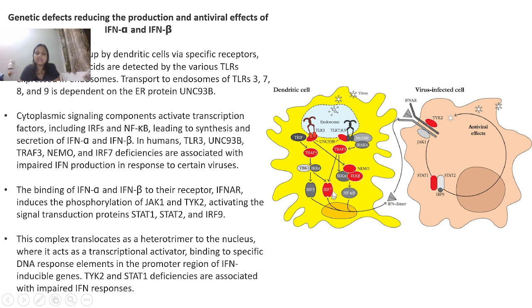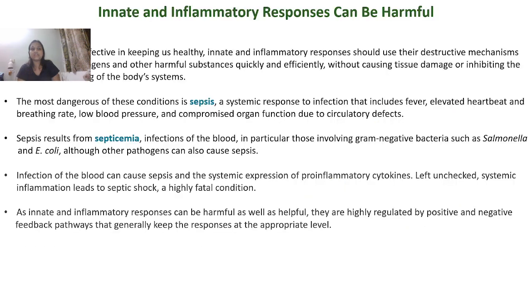Similarly, if there is a mutation in the IRF protein, it will not lead to the production of interferons, and there will be no activation of signaling in the virus-infected cell in this interferon pathway, and no killing of this virus-infected cell, so that person will be more susceptible to different kinds of infection. So it can lead to different types of disease.